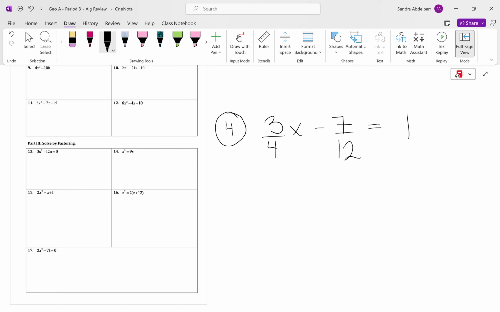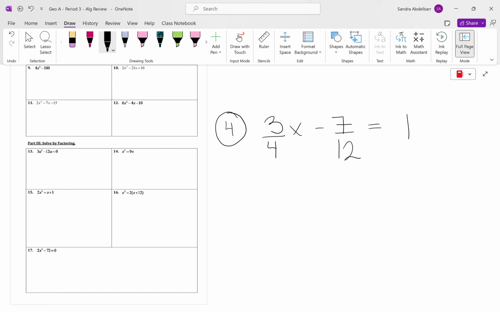Biggest mistake whenever you're dealing with an equation with fractions is creating a common denominator. You do not want to create a common denominator. You don't want to deal with the fraction at all, right? So the best practice is to eliminate the denominator. How do we eliminate the denominator?